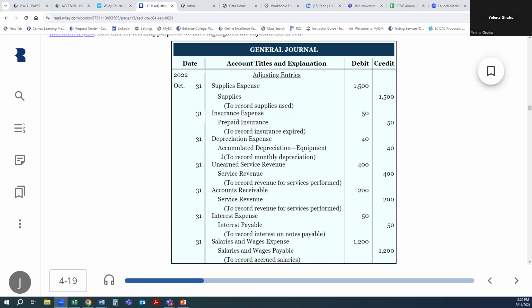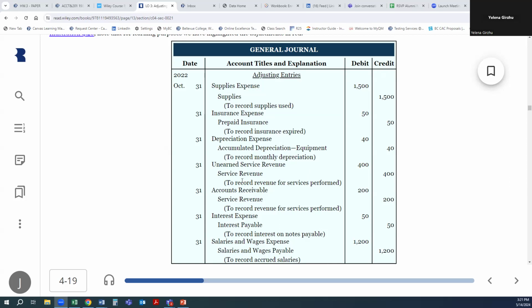Third journal entry. Expenses went up, so net income decreased. And then accumulated depreciation is also a balance sheet account. It is called a contra asset account because its normal balance is a credit. So contra means opposite.